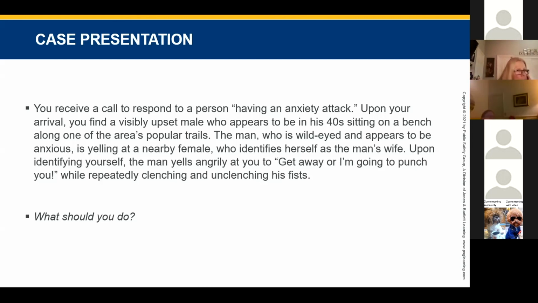Call management. Oh, very good. Okay. What are you going to tell management? Is there two males here and one female? Is that how I'm understanding this? Right. Okay. The man is wide-eyed and appears to be anxious, and he's yelling at a female, which is his wife. But then there's somebody else sitting on a bench. No, that's him.